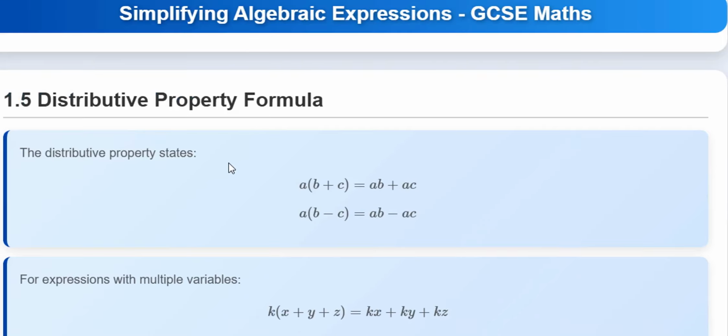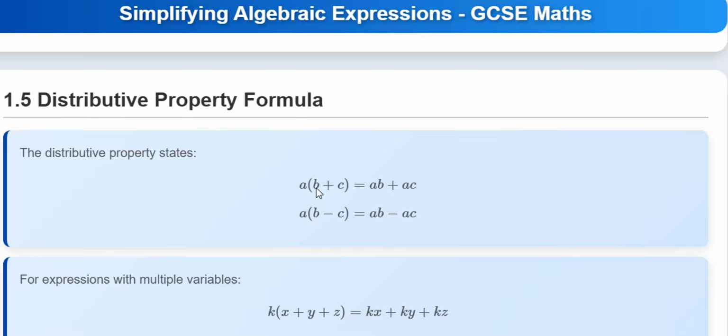On top of combining like terms, we also have another concept which you can use to simplify expressions, and we call it the distributive property. For example, if you have some variables inside brackets, in this case b plus c, and you are told to simplify, and you have another variable outside the brackets, what we do is take the variable outside the brackets and multiply it with the values inside the brackets.